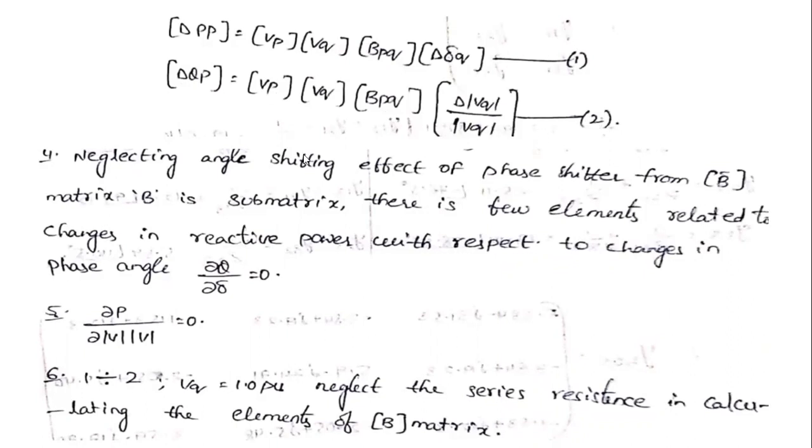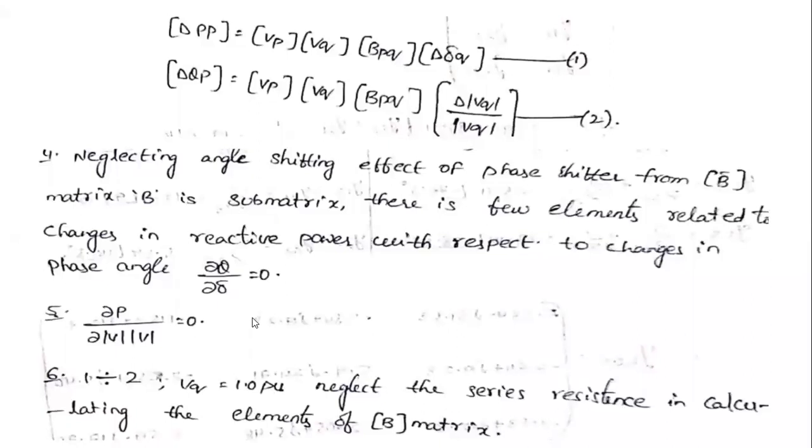Neglecting the angle shifting effect of the phase shifter, the B bar matrix is replaced with B. Next, assume dou theta by dou V is equal to 0, and dou P by dou V is equal to 0. Dividing equation number 1 by 2, we obtain V_Q equal to 1 per unit.